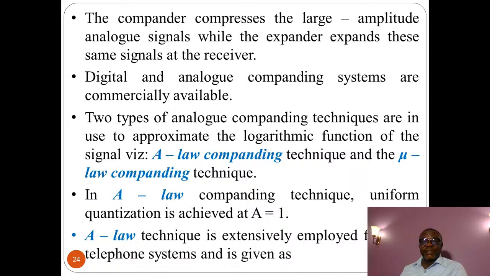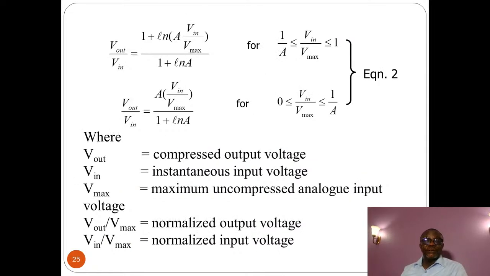In the A-law compounding technique, uniform quantization is achieved at A equals 1. The A-law technique is extensively employed for PCM telephone systems and is given as the equation V out over V in equals 1 plus ln of (A times V in over V max), all over 1 plus ln A, where ln is the natural logarithm.